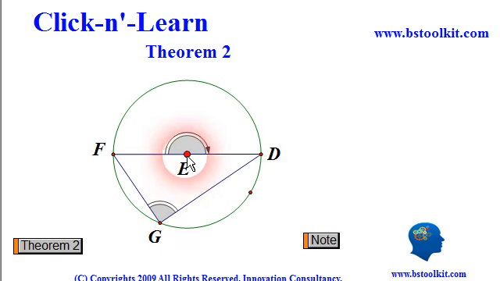So we can say that this side here is equal to this side here. Why? Because they are radii of the same circle. Likewise, EG is a radius of the same circle too.